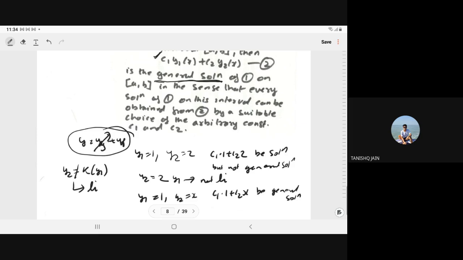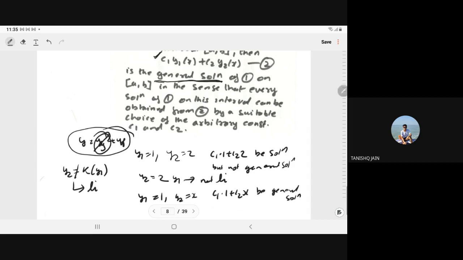So for writing yg, we compute the two solutions, and both solutions must be LI, then only c1 y1 plus c2 y2 will be the general solution. Otherwise c1 y1 plus c2 y2 will be a solution only, not the general solution.